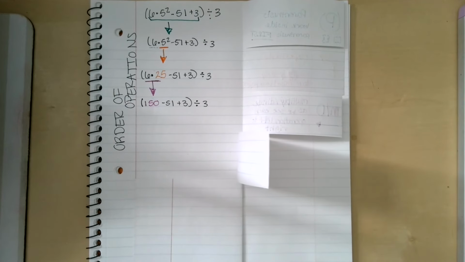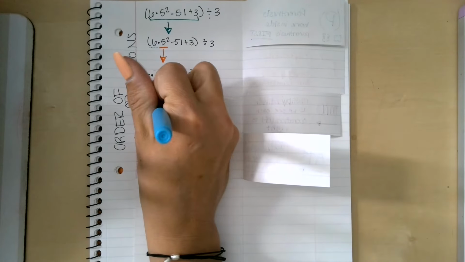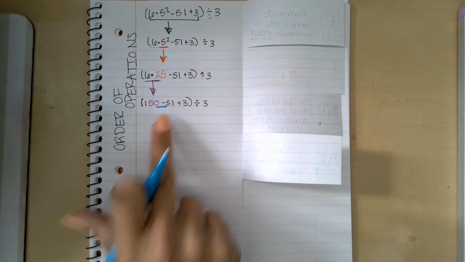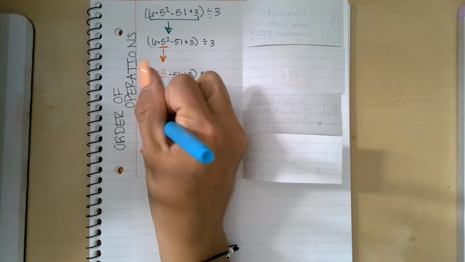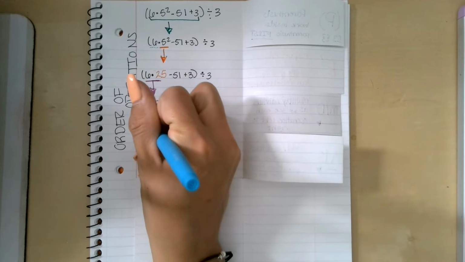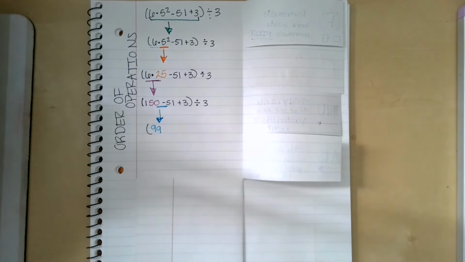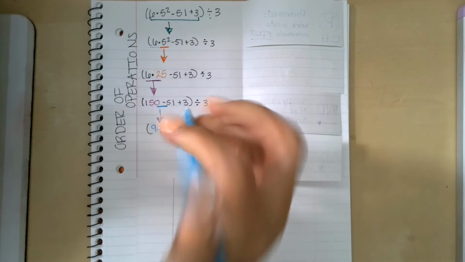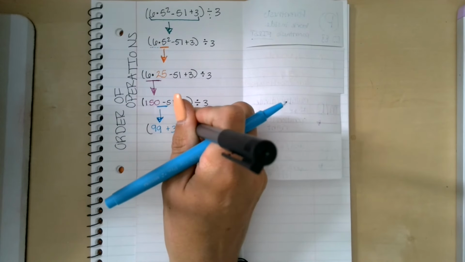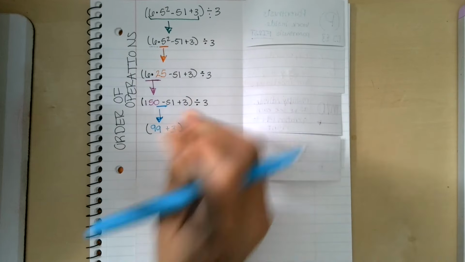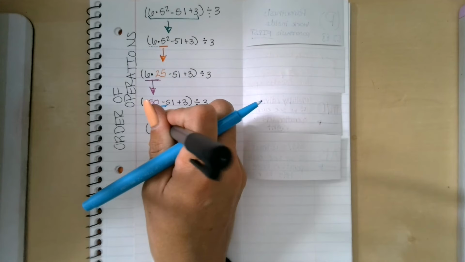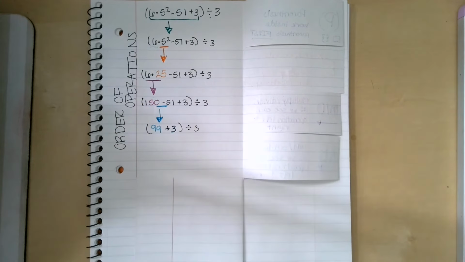So the first thing I see from left to right is subtraction. So 150 minus 51 is going to give me 99. So I have 99 plus 3 divided by 3. And then I still have addition in the parentheses.